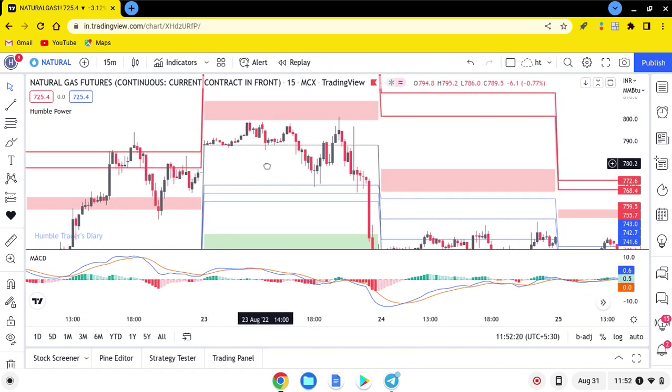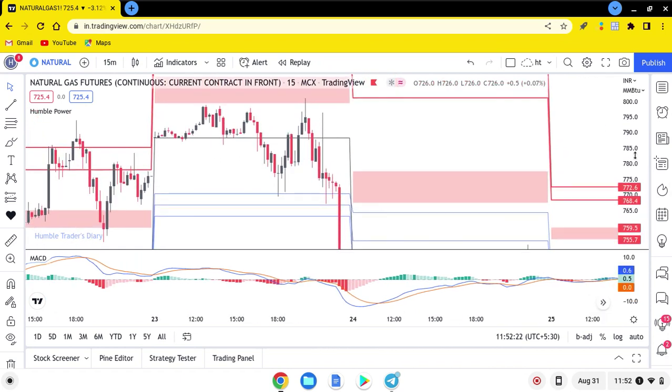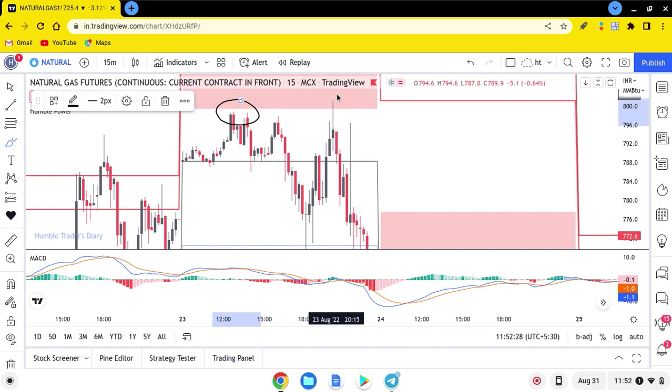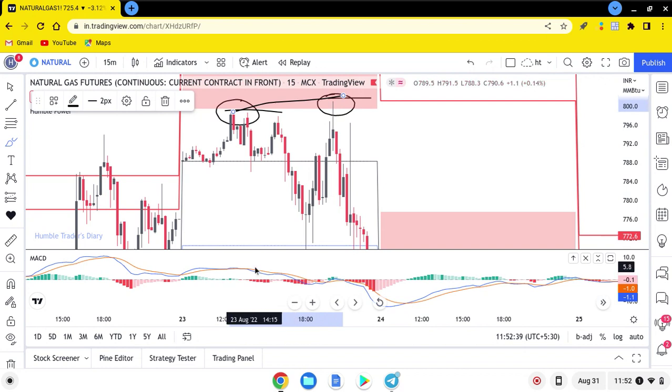Now I have found one divergence and I'd like to teach you that. Look at this price. This is a high, this is a higher high. You understand higher high, right? So the price is going like this. But if you look at the MACD, it is sloping downwards.